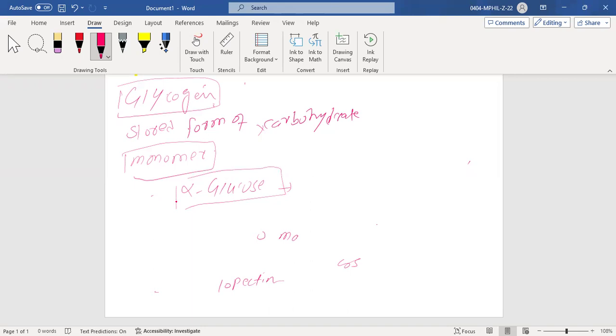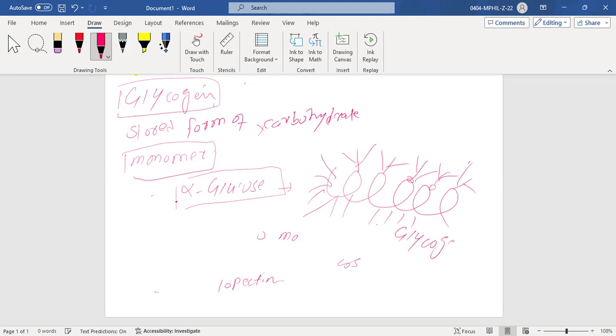It is a dense branch structure, like this, with a lot of branches this way and this way. The number of branches is dense as compared to starch. So this is glycogen.